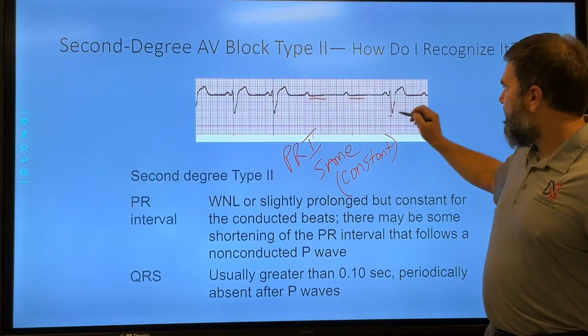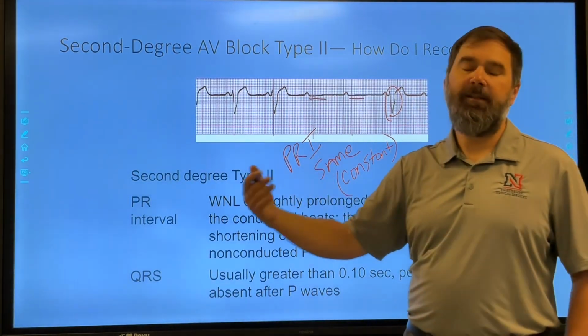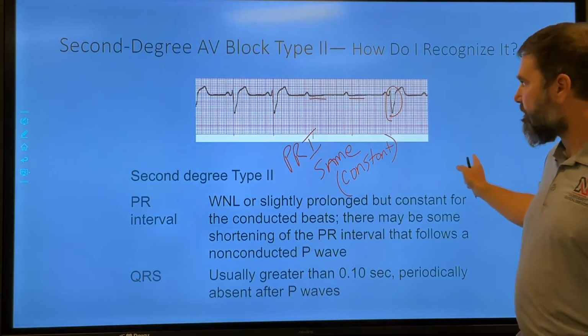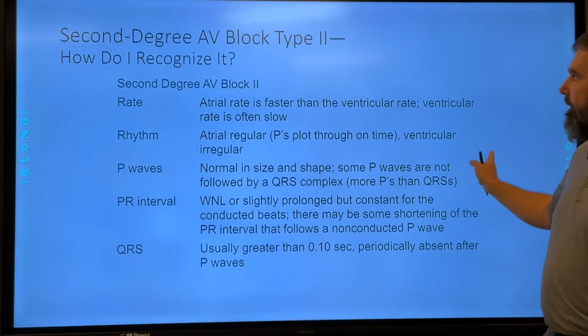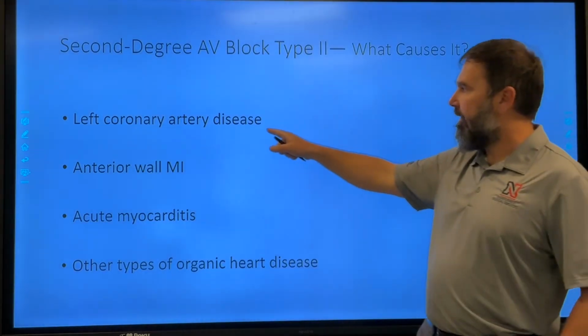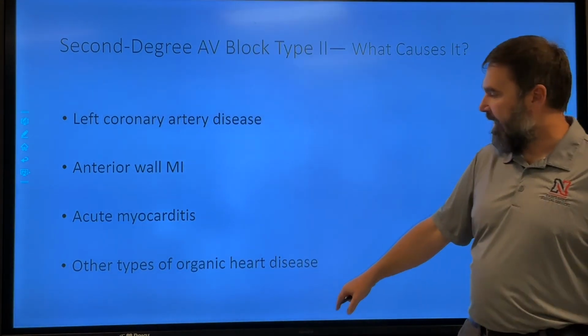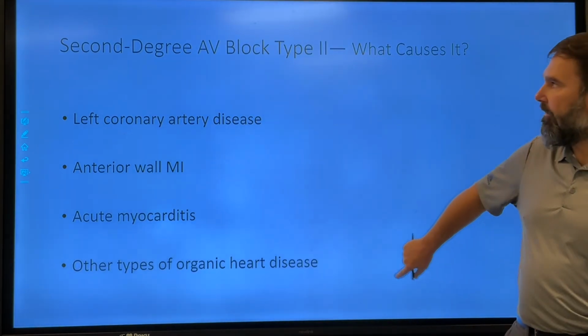Again, these may be longer depending on how slow the conduction is through the ventricles. Different causes include left coronary artery disease, anterior wall AMI, acute myocarditis, and other types of organic heart disease, all possibilities.